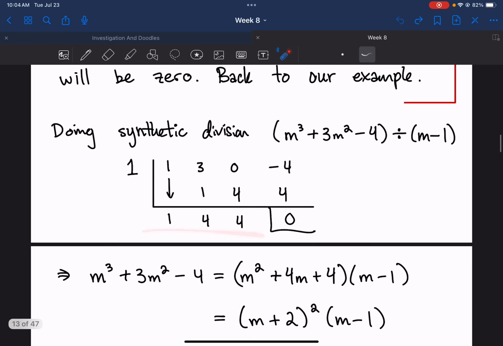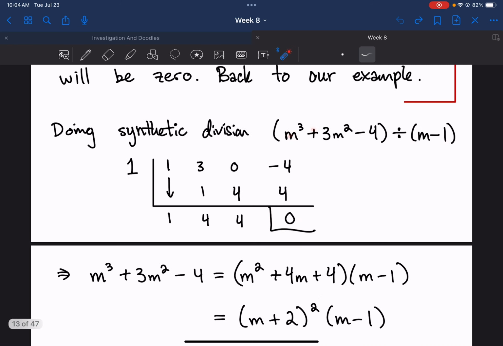So now I can write m cubed plus 3m squared minus 4 as m squared plus 4m plus 4, right? This is my new polynomial here. This is now m squared, m, and no m, times my factor, m minus 1.